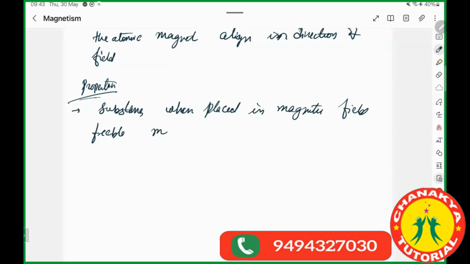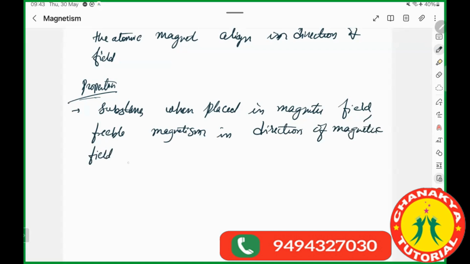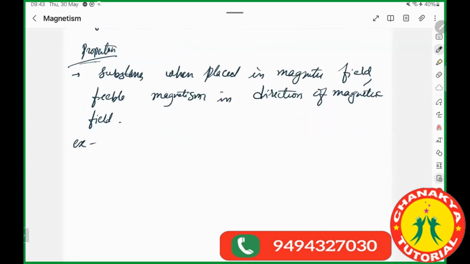These are known as paramagnetic substances. Examples: aluminum, platinum, manganese, copper. What is this compound?